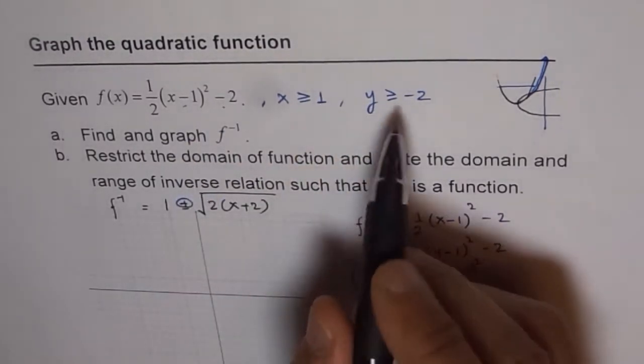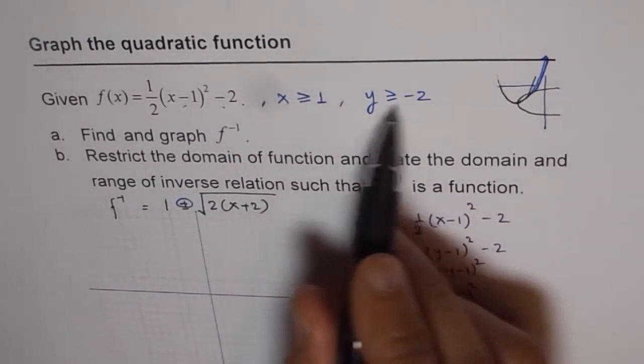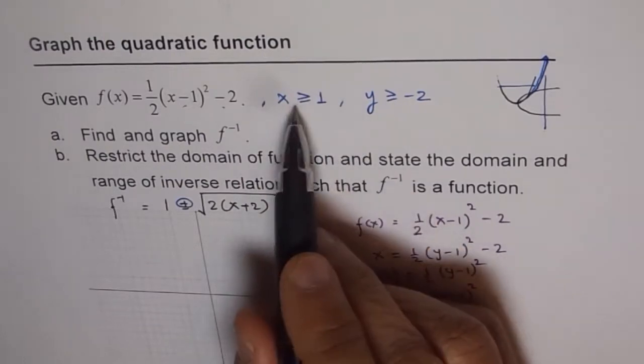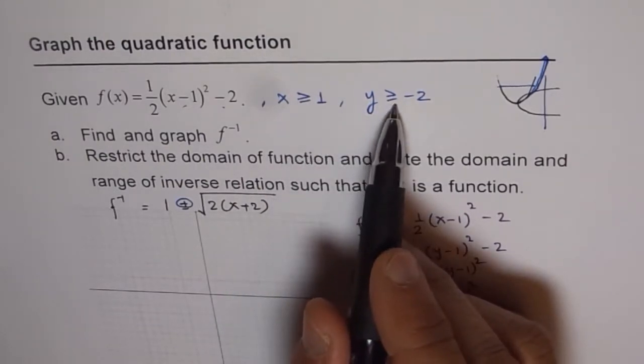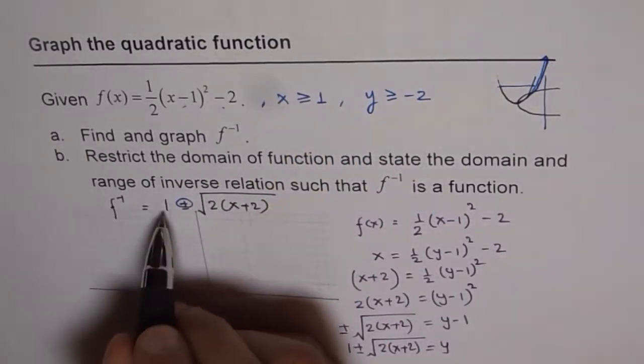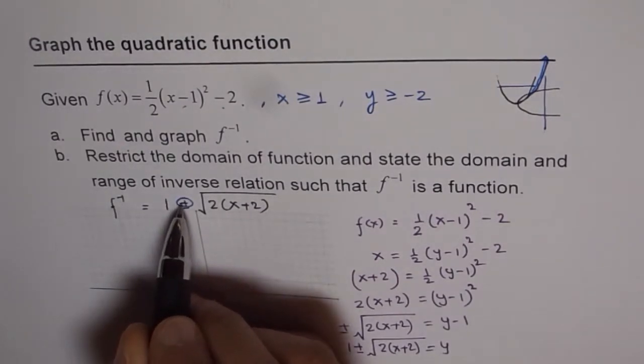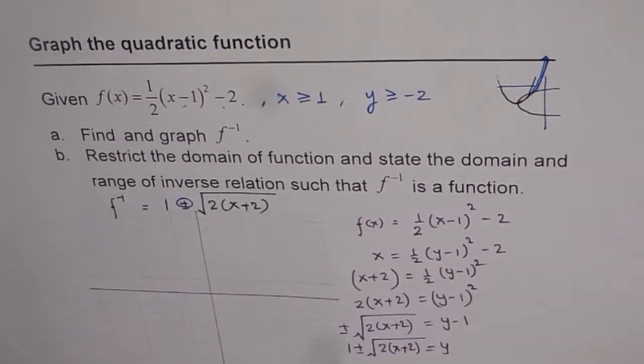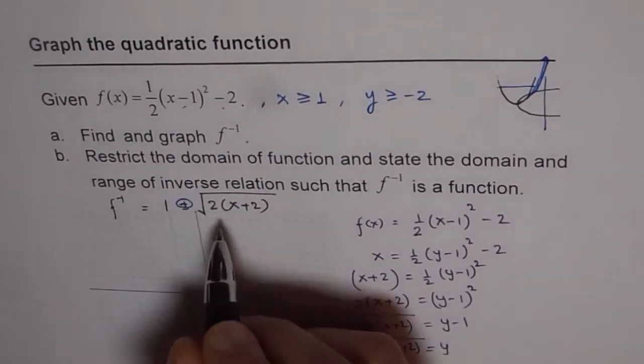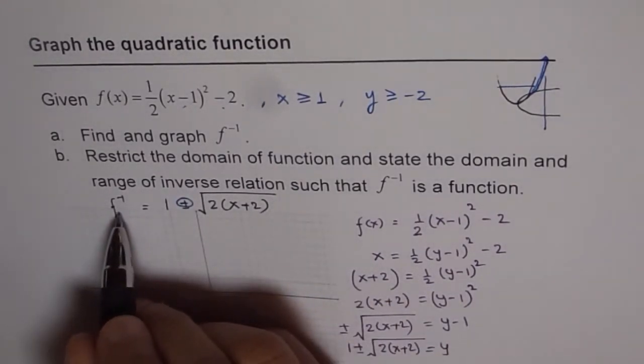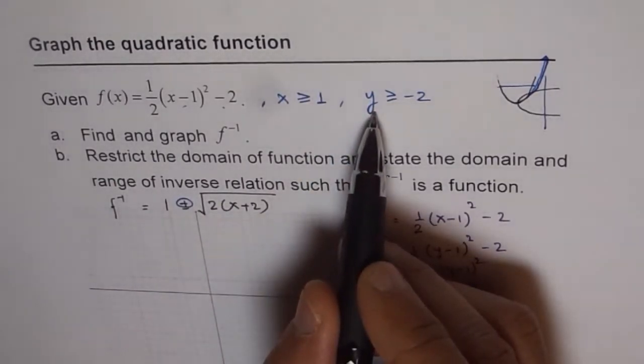And in the inverse function of your restricted function, x and y are going to switch. Do you see that? So in this function, you have to choose the plus sign since you have restricted the domain of the function. And you'll find that the domain and range of the inverse function will be flipped.